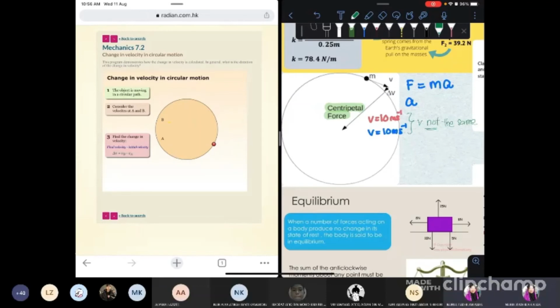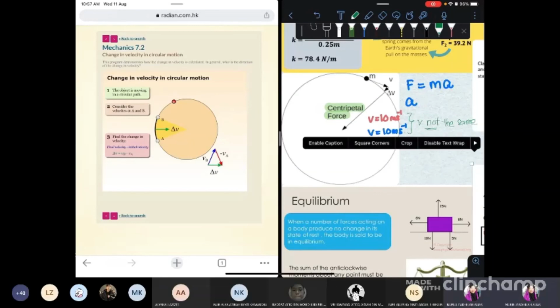Nampak tak green color arrow? So the green color arrow shows that there is change in velocity. So kita dapat resultant velocity, which shows that kita ada change in velocity.